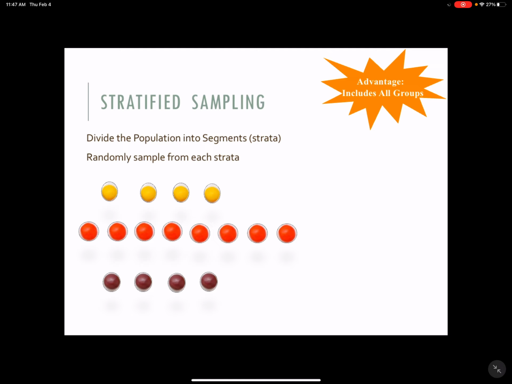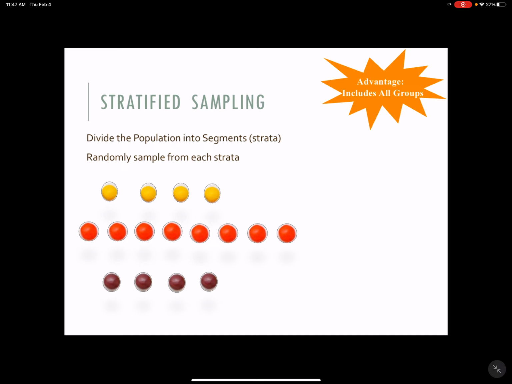So we need to sample very carefully and then make sure some people of every group we can think of are in our sample. So in that case, we divide everybody into groups first. And that's called stratified sampling.